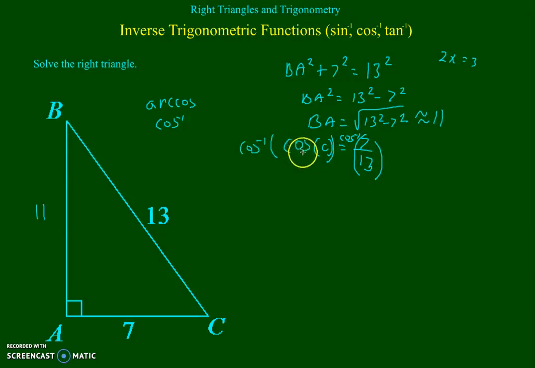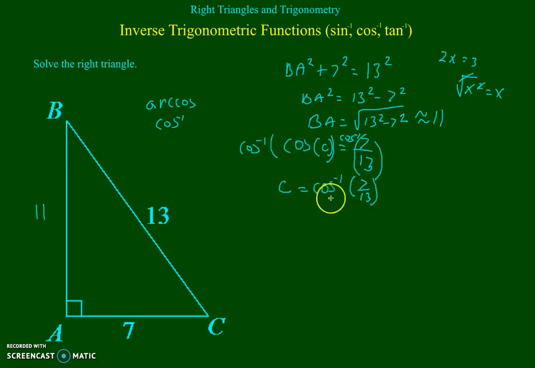The arc cos of cos is just the value. Think of this in terms of square root as well. If we take the square root of something squared, the square root undoes the square and we have that thing. Well, arc cosine undoes cosine, so we just have C left. C equals arc cos of 7 over 13.